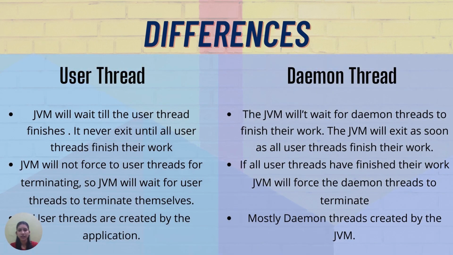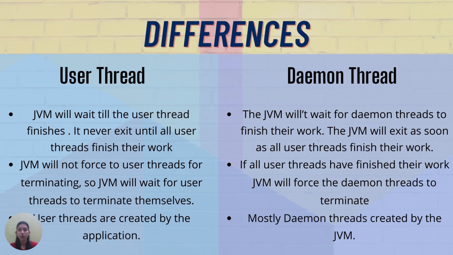The JVM waits for the user threads to finish its task. It never exits until all the user threads finish their work, while the JVM doesn't wait for the daemon thread to complete its work. Once the user thread completes their work, the JVM will exit.